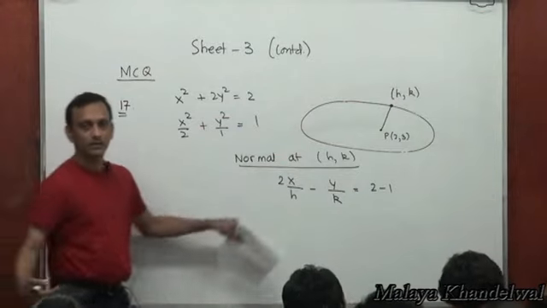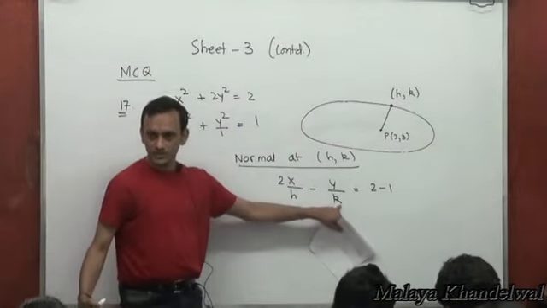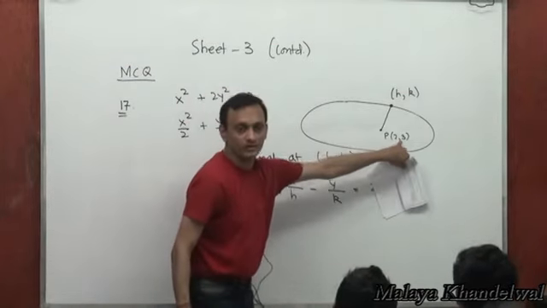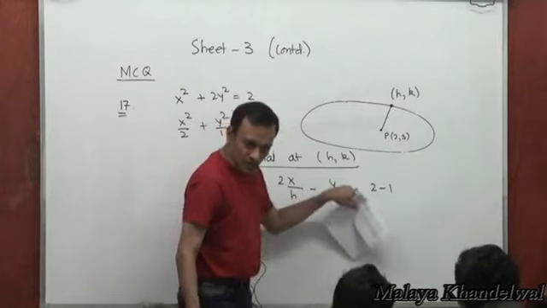The equation of the normal at h, k is this, right? But this normal passes through 2, 3. So 2, 3 will satisfy this equation.